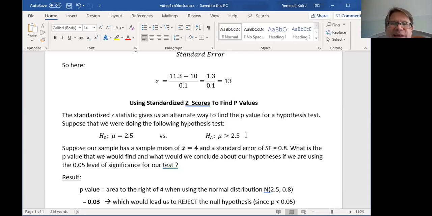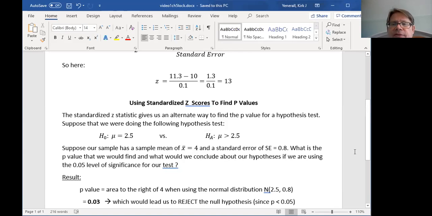And based off of the sample data we take, we find that we have a sample mean of 4, certainly bigger than 2.5, and a standard error of 0.8. Using that information, we're going to find the p-value for this test and draw a conclusion about our hypothesis. But we're going to do this in 2 different ways.